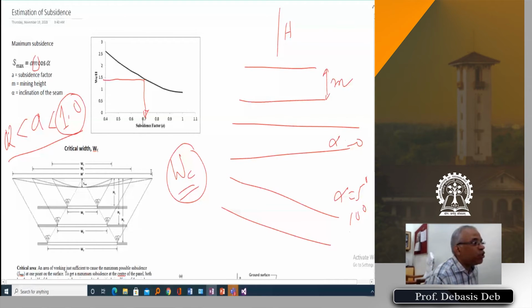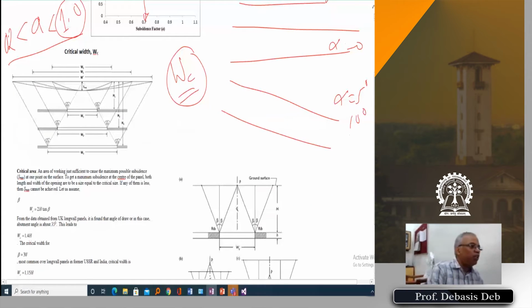Let's say my depth is H1 and my panel width is W1, and I got S max right at 1 point. I have written this with delta, but you could write with the angle of major influence also. But I have written here with the angle of draw.